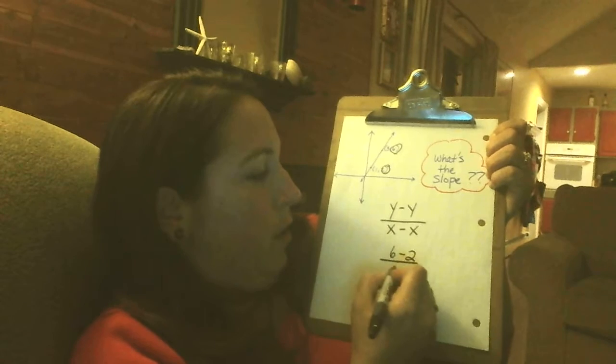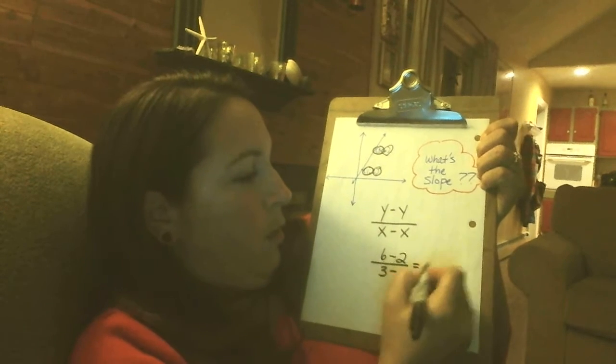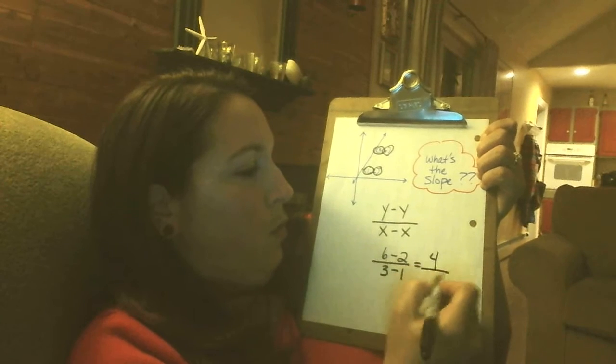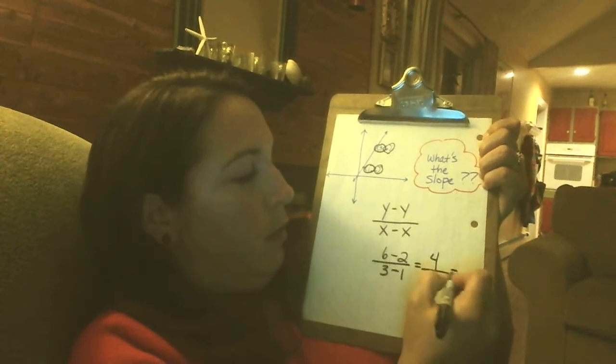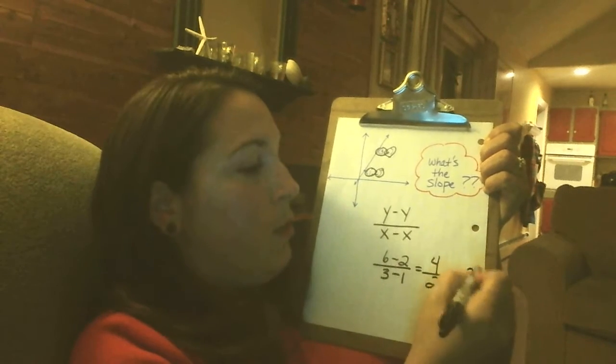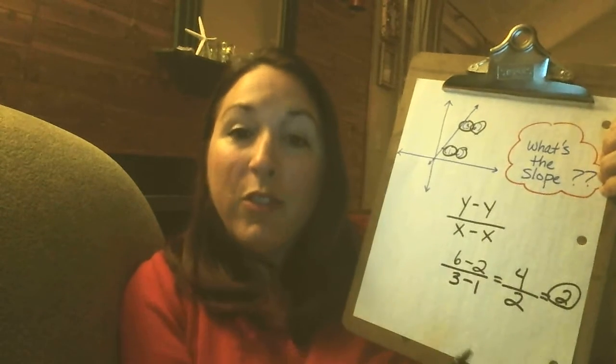Our x's are 3 and 1. If I subtract 6 minus 2, that's 4. 3 minus 1 is 2. And 4/2 is the same as 2. So, using that formula, I can find out that the slope of that line is 2.